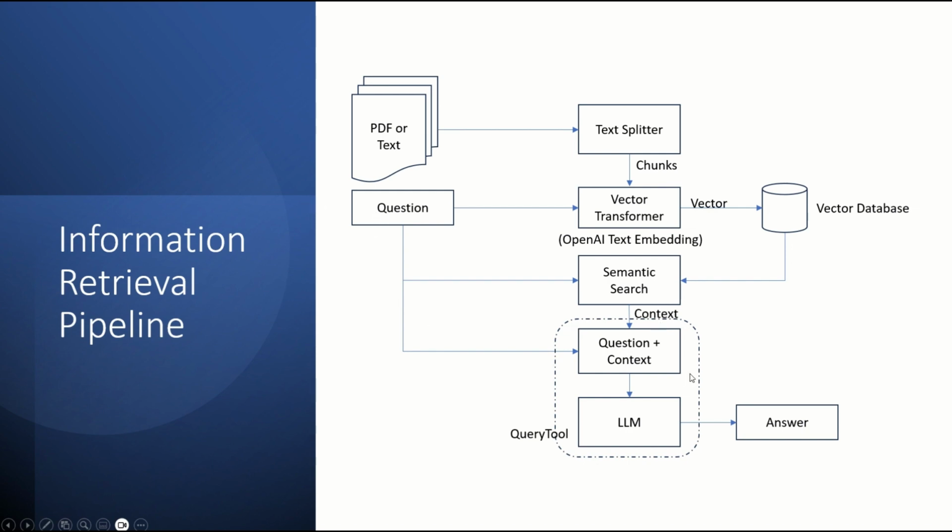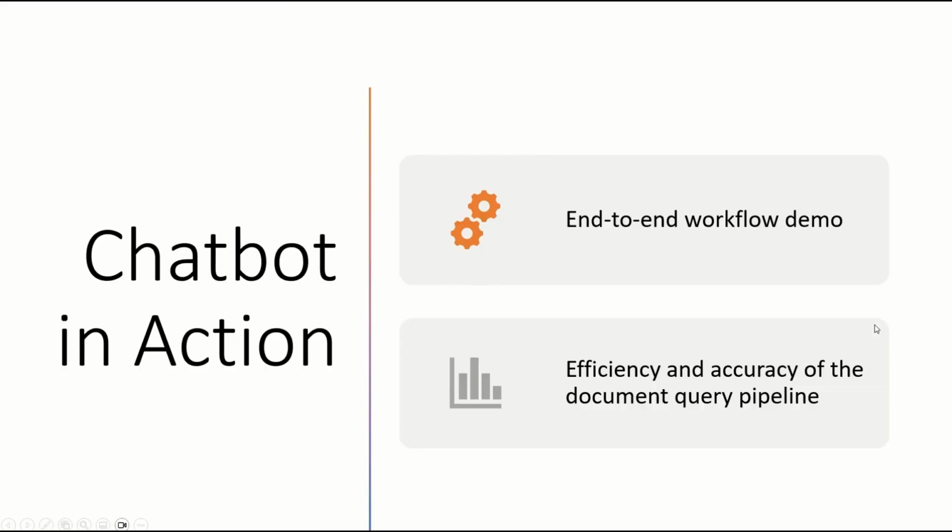Once we have identified the relevant context, we construct a prompt. This prompt combines the user's input question with the retrieved context from the vector database. This is the secret sauce that gives the language model the context it needs to provide the final output.